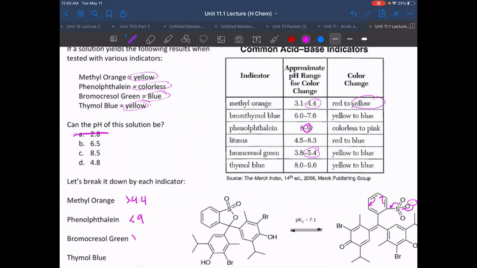So if it's above a pH of 5.4, we can cross out D. And then lastly, thymol blue is yellow. If we look at that, it is yellow at pHs less than 8. So that means it has to be less than 8. We can get rid of option C. So it must have a pH, it could have a pH of 6.5.